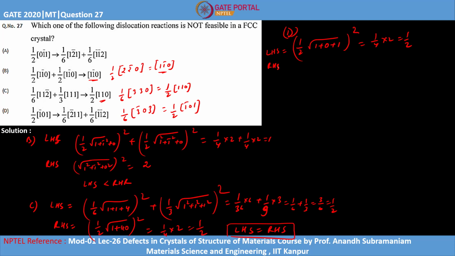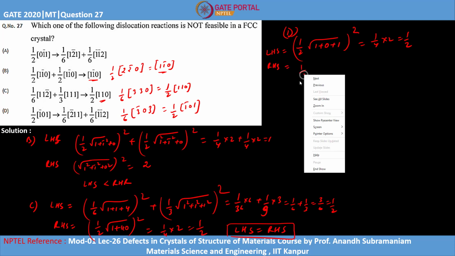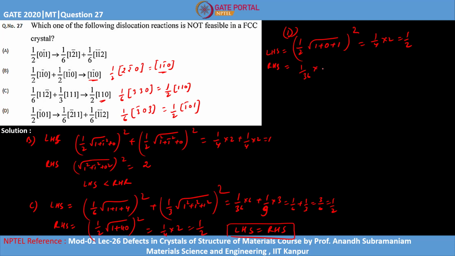And RHS, if you see, 1 upon 6 square, this will give you 36, into under root of 2 bar square is 4, 1 square is 1, and 1 square is 1, plus 1 upon 36, 1 bar square is 1, 1 bar square is 1, and 2 square is 4.